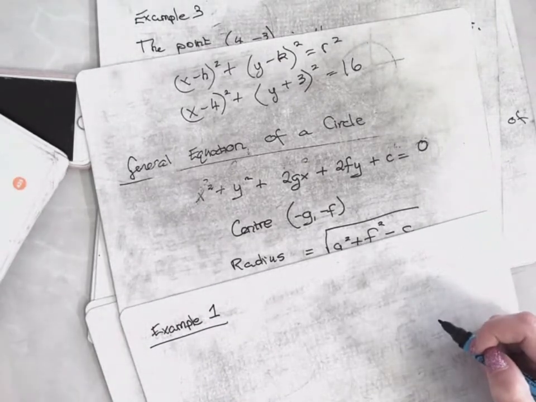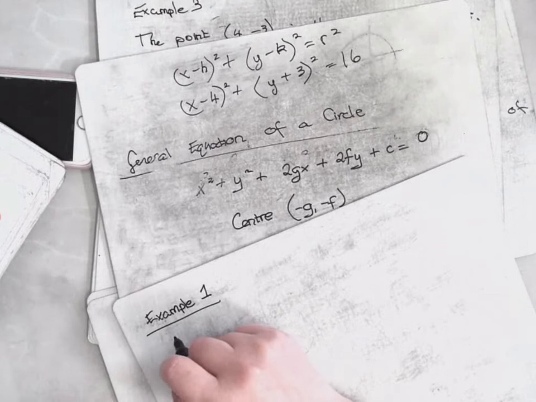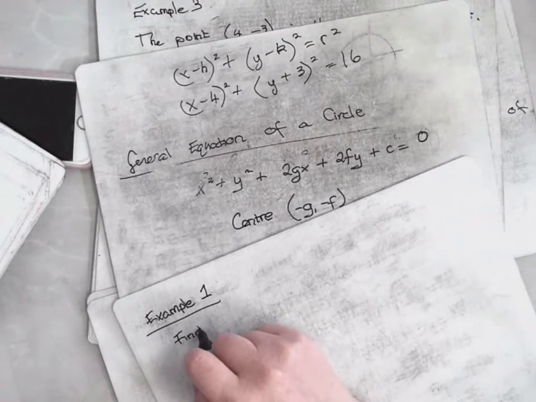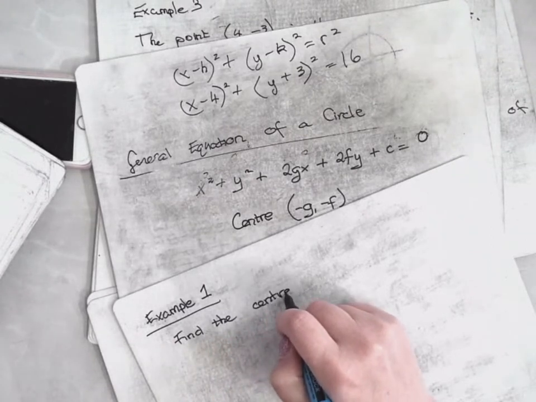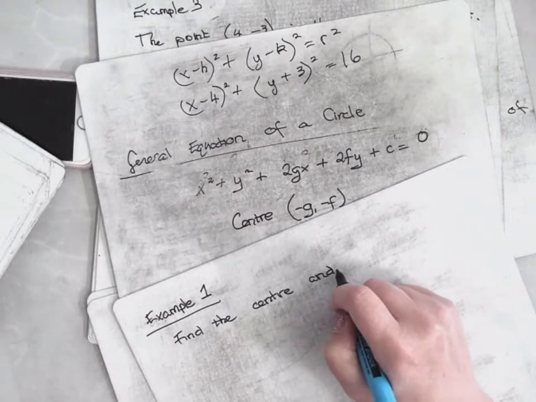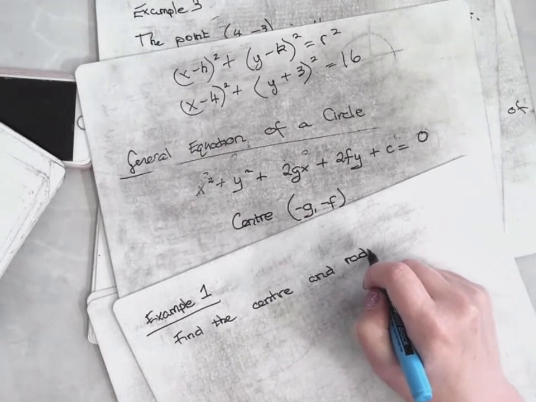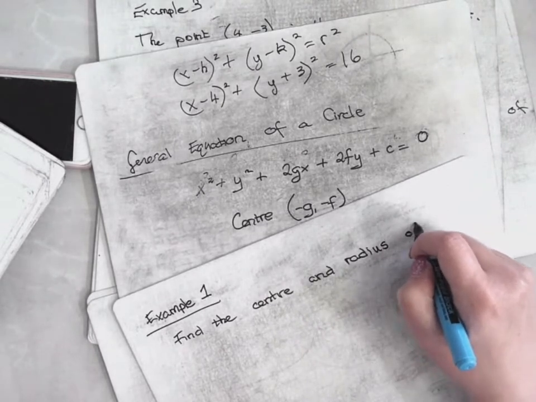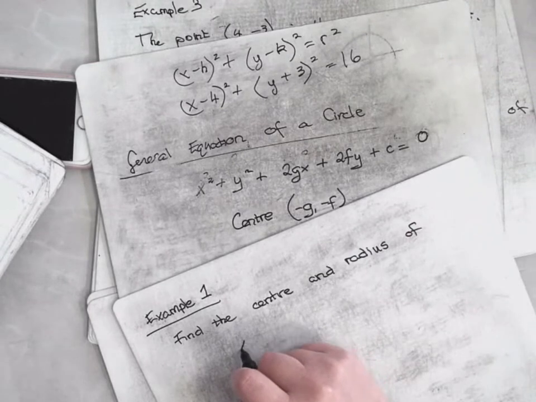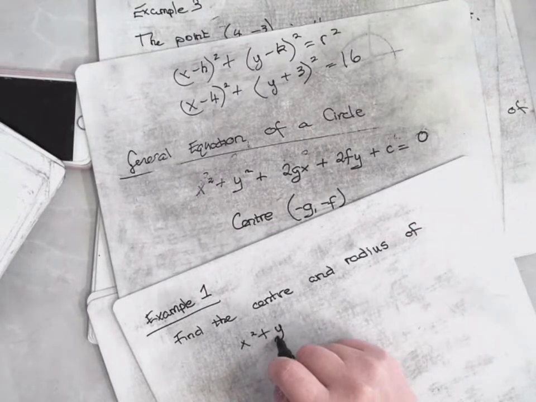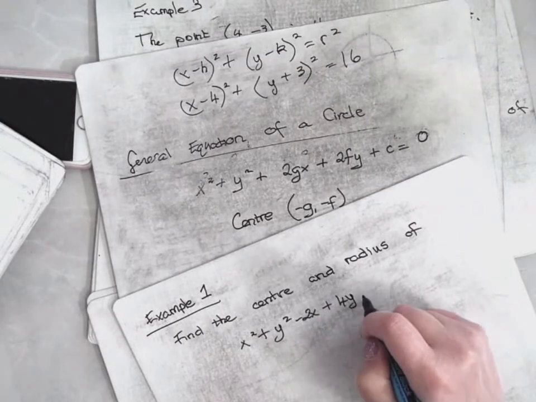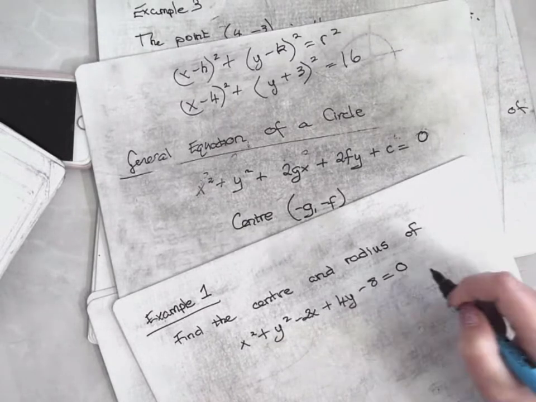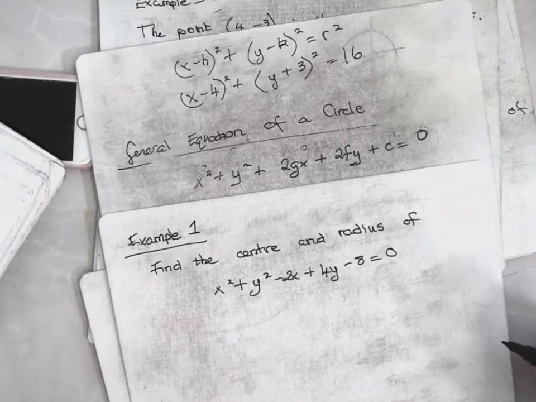Find the center and radius. So it's in the general form of the equation of a circle.